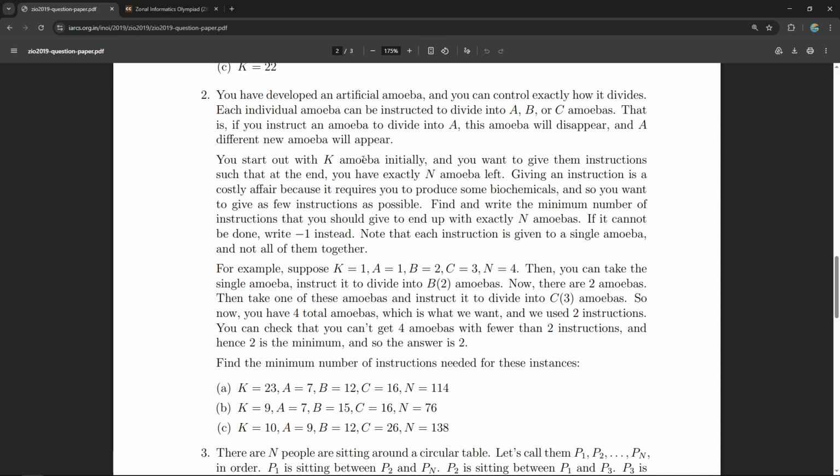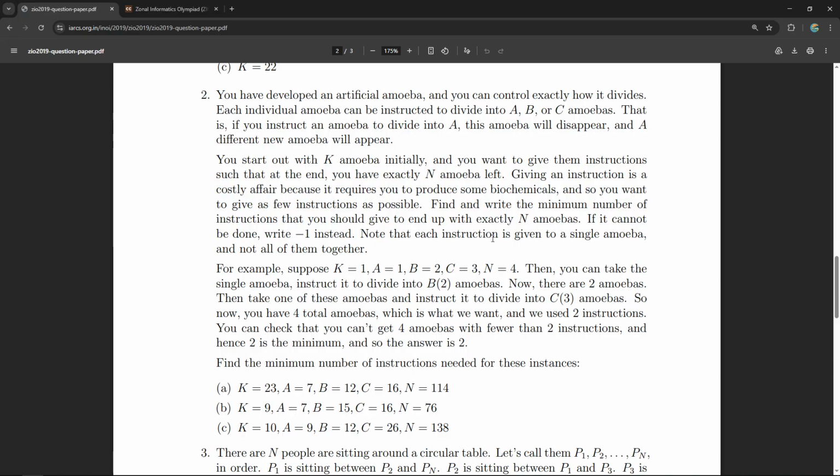You start out with K amoebas initially and you want to give them instructions such that at the end you have exactly N amoebas left. Giving an instruction is a costly affair because it requires you to produce some biochemicals, so you want to give as few instructions as possible. Find and write the minimum number of instructions that you should give to end up with exactly N amoebas. If it cannot be done, write -1 instead.